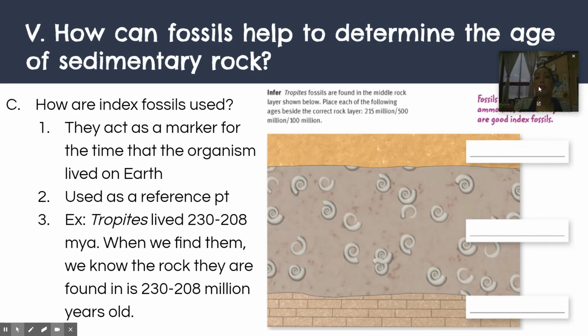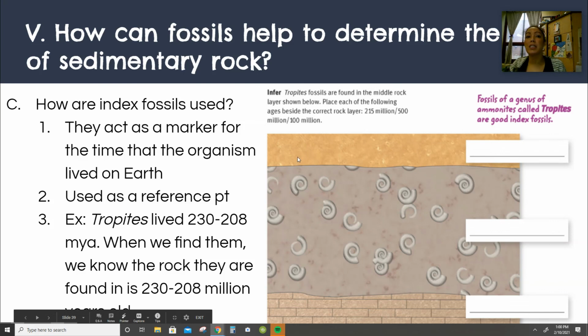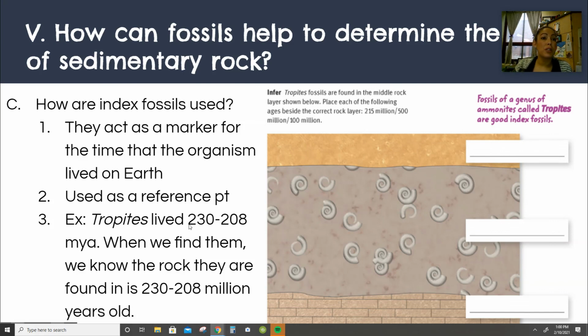This example is also from your book. Tropites fossils are found in the middle rock layer below. That's these little curly guys. Place each of the following ages next to the rock layers: 215 million, 500 million, and 100 million. Okay, well, if I know that Tropites fossils lived between 230 and 208, then the age of the layer where I find them has to be somewhere between 230 and 208 million years ago.